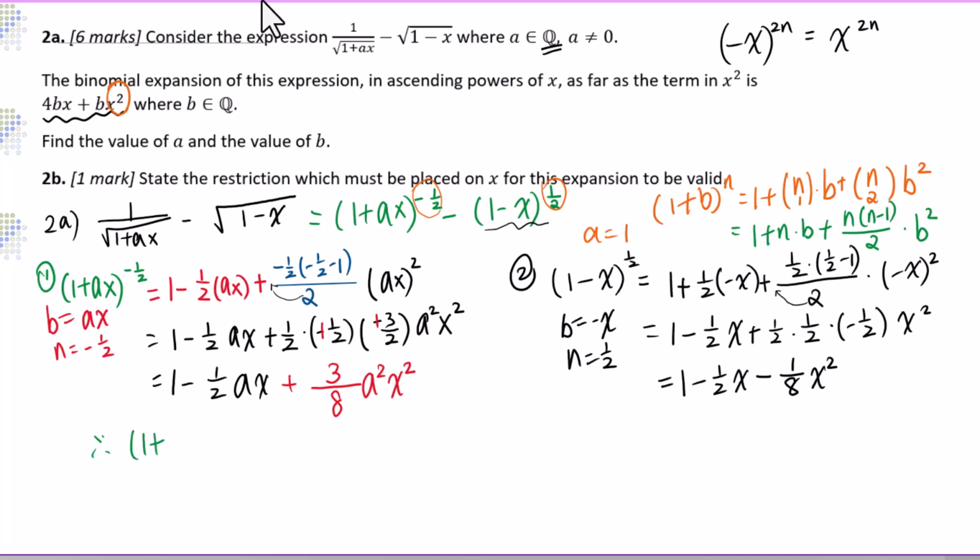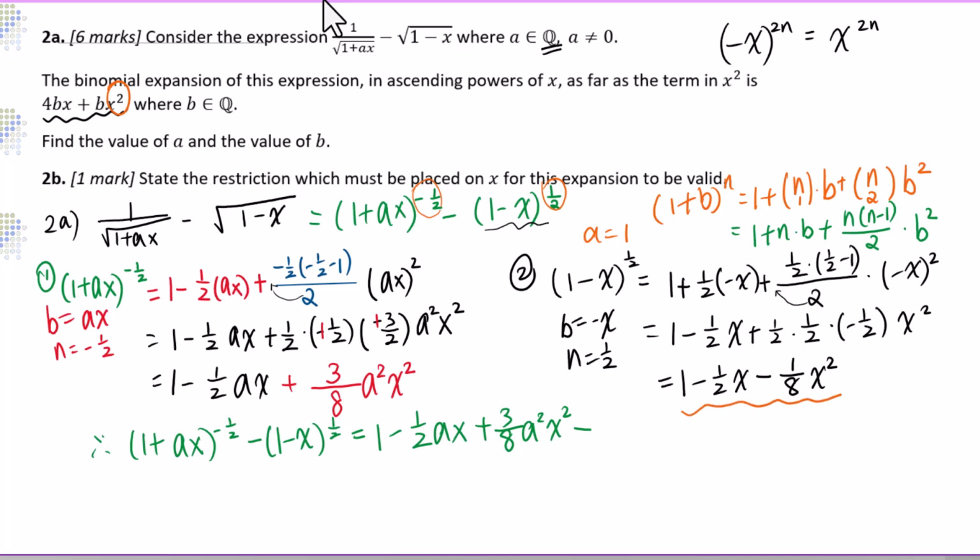So 1 plus ax to the negative 1 half power minus 1 minus x to the 1 half power equals 1 minus 1 half ax plus 3 over 8 a squared x squared, minus, remember to change the signs for these algebraic expressions, 1 minus 1 half x minus 1 over 8 x squared.